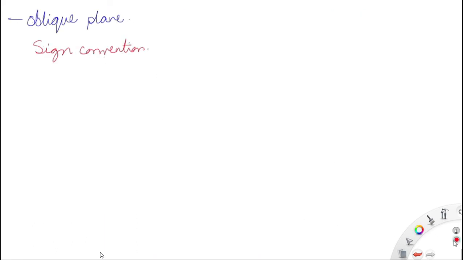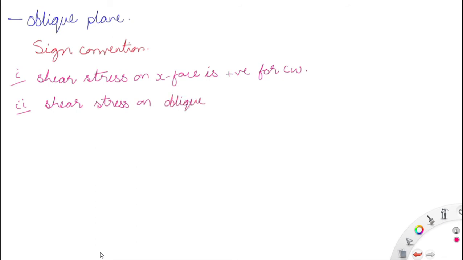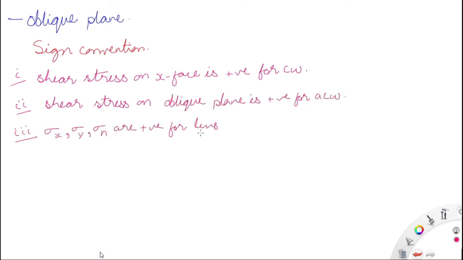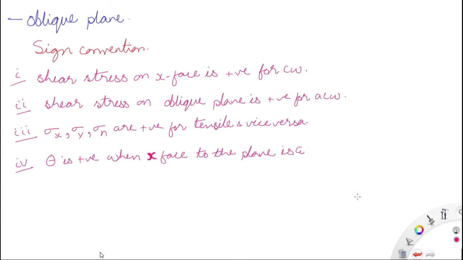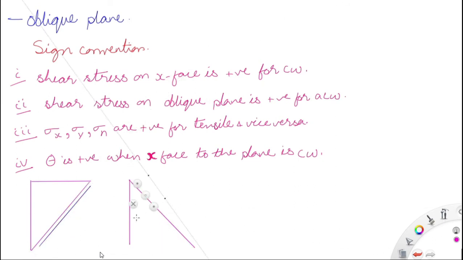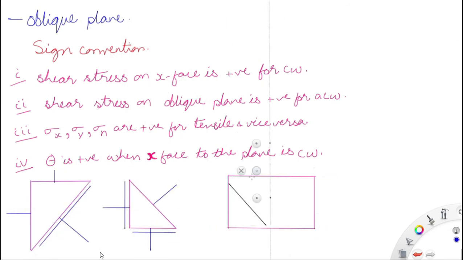Oblique plane. Now in a figure or in a question you may be asked about an oblique plane, where a plane would be given and you have to find the stress in that plane. So you will have some sign convention for that. Shear stress on the x face is positive for clockwise.